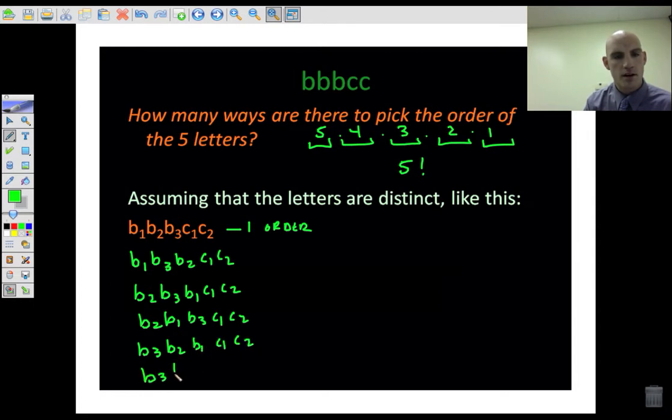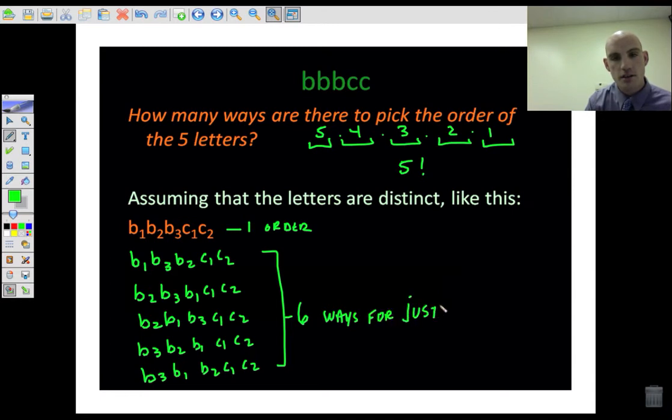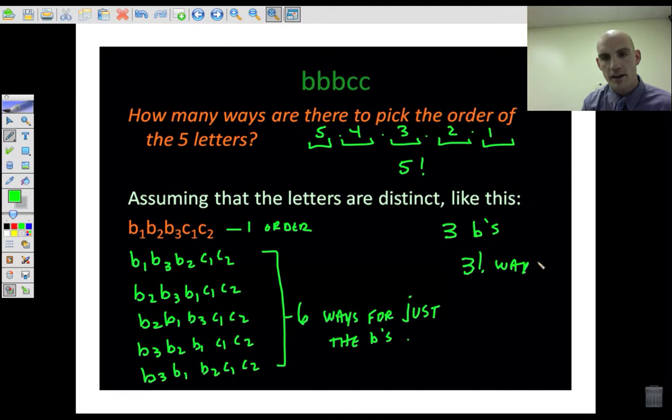Or B3, B1, B2, C1, C2. That's if we just move the B's. So there are 6 orders for just the B's. Okay? And if we think about what that means, we have 3 B's, so that would be 3 factorial ways to arrange them.